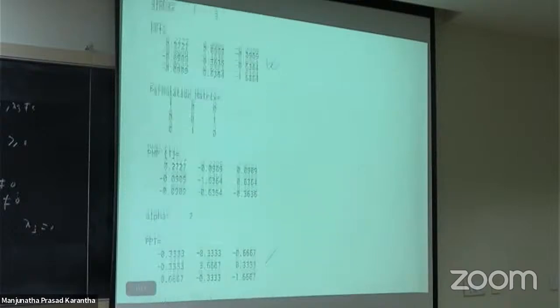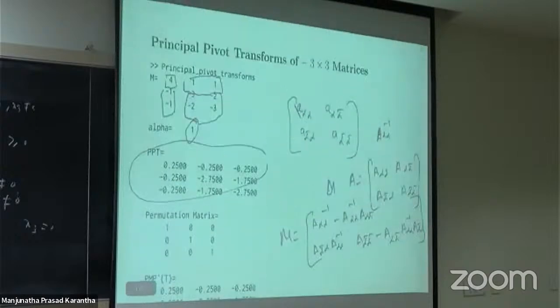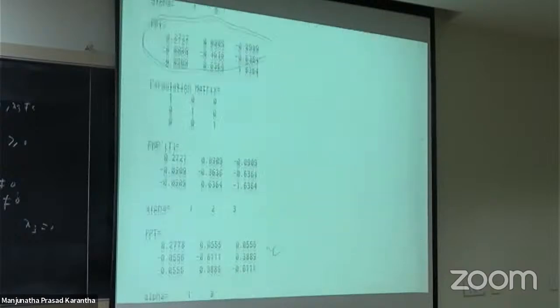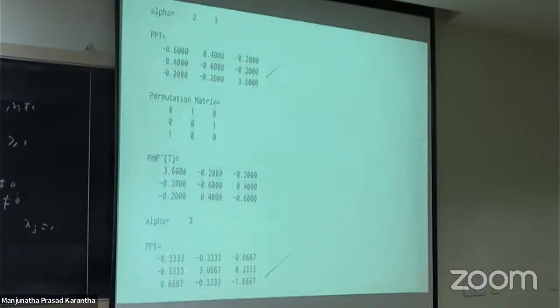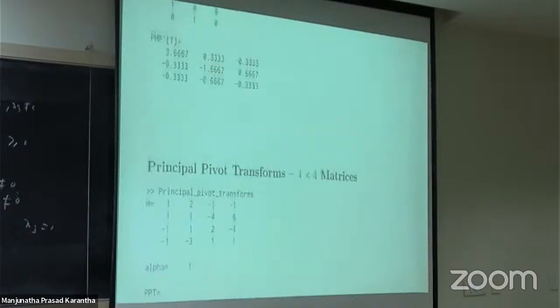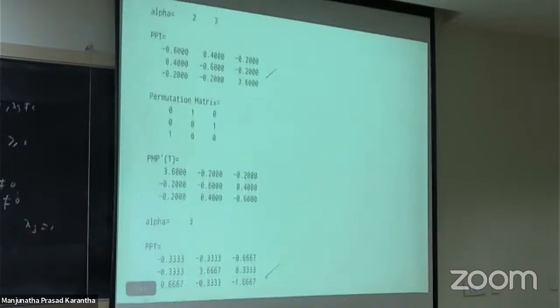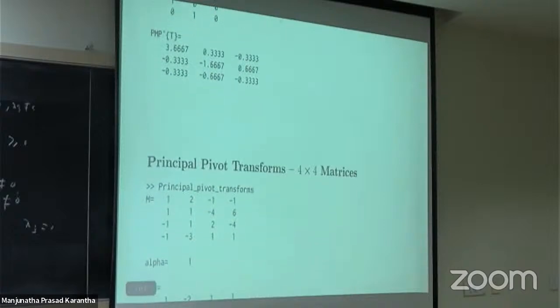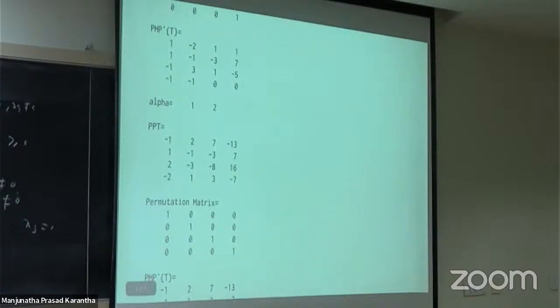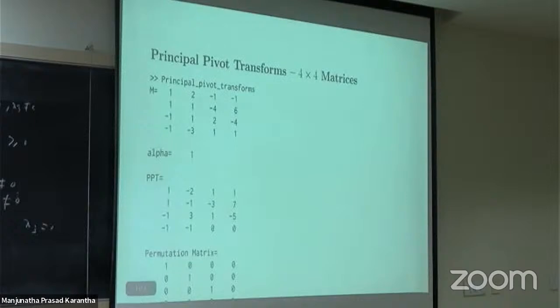When 1, 2, 3 means the matrix itself, the inverse. So if you compute all this, then you get the PPT. Similarly for this also, you have to get so many inverses. You can use some MATLAB code to check whether all PPTs are inert.